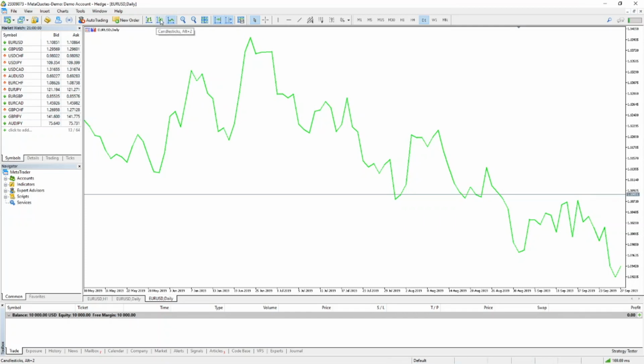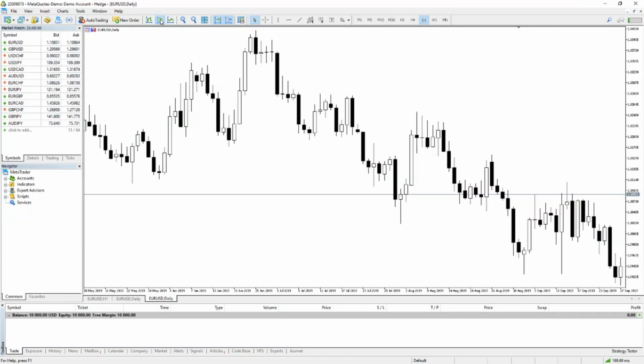the Metatrader has provided a different view of the chart, like a candlestick. So basically, candlestick, for example, this is a daily time frame, right? So each candle represents 1 day of price fluctuation. So for example, if the day starts at 5 p.m., then at 5 p.m. what was the price?